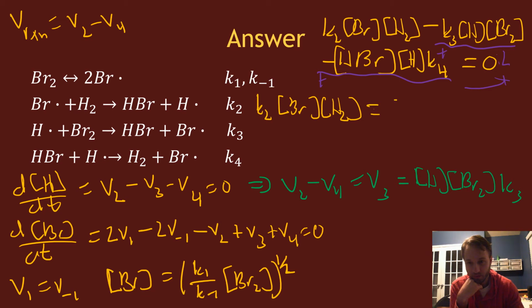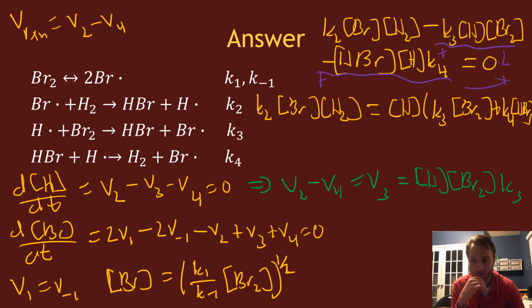equals H times K3 Br2 plus K4 HBr. Again, I'm not giving myself a lot of room here, but I factored out the H as well.